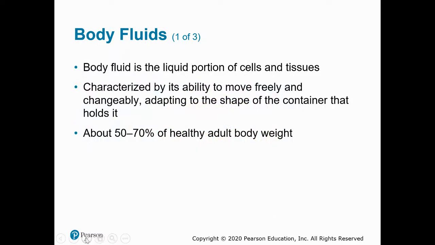Alrighty, so let's start with a little introduction to this concept of body fluids. Body fluid is just referring to any of the liquid portions of our body. We talked a little bit about how the inside of our cells has a fluid-like substance called cytosol. When we talked about metabolism, and especially glycolysis, we said that some steps of metabolism, like glycolysis, can happen in the cytosol, and they don't actually happen in the mitochondria.